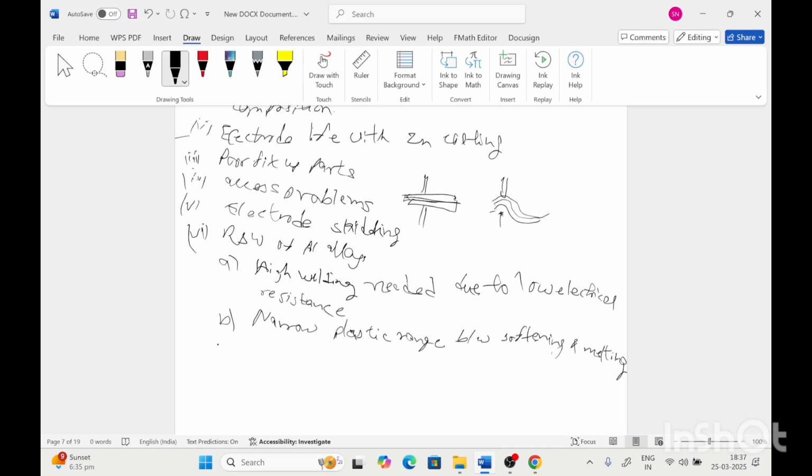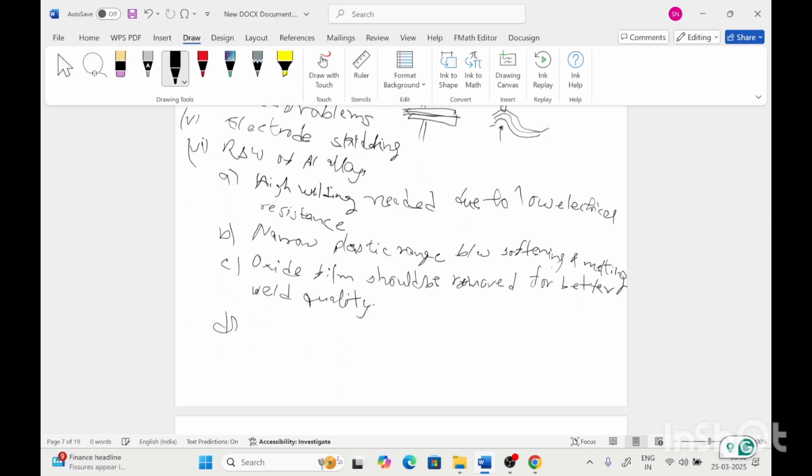This should be controlled carefully. Then the oxide film should be removed for better weld quality. The next point is that careful control of electrode force is necessary to avoid cracking.